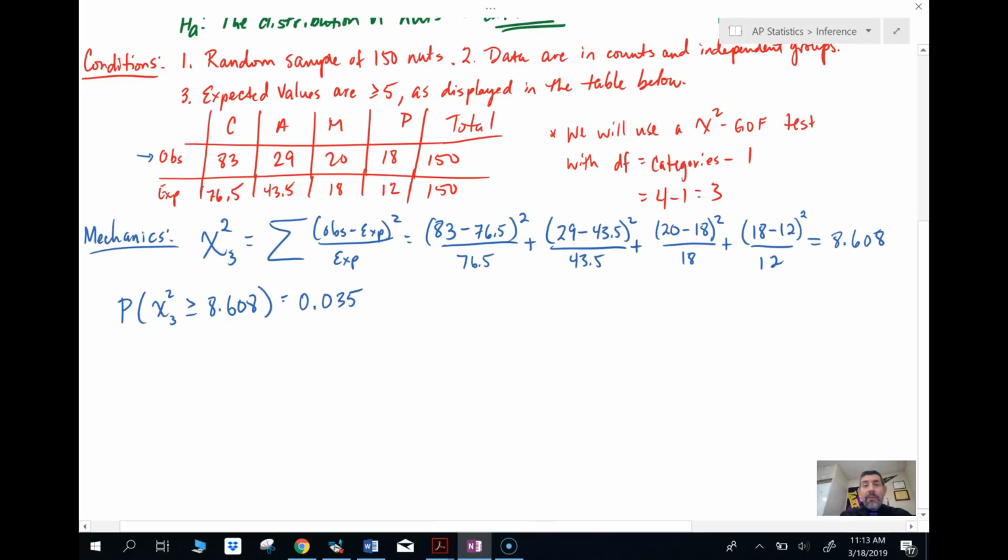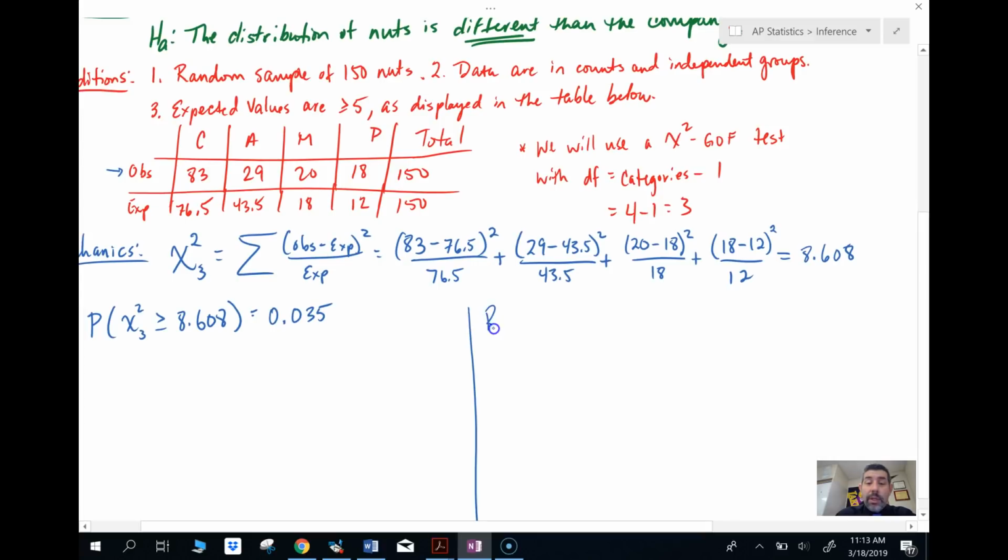So now if I can't find the p-value, and by the way, I'm going to split this in half here because there's going to be a conclusion depending on which version you use, I'm going to use something called the rejection region. That is basically my minimum value of chi-squared with 3 degrees of freedom at an alpha level of, in this case, 0.05.